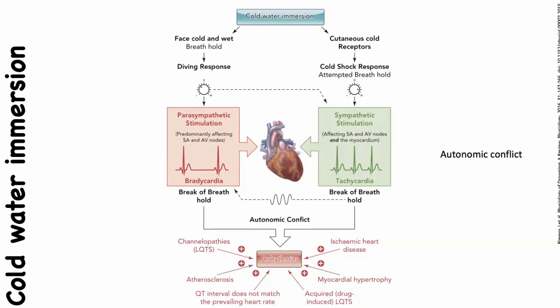At both stages, whether there's parasympathetic dominance or sympathetic dominance, it will be difficult for the person to hold their breath. And eventually there will be a point where the person can no longer hold their breath. But this is just describing how there is an autonomic conflict in a drowning, but particularly in a cold water drowning.